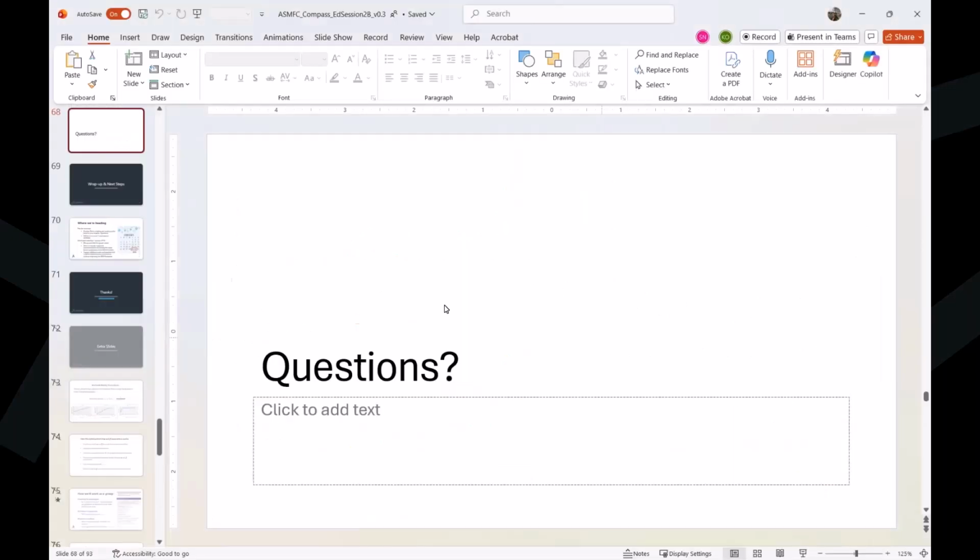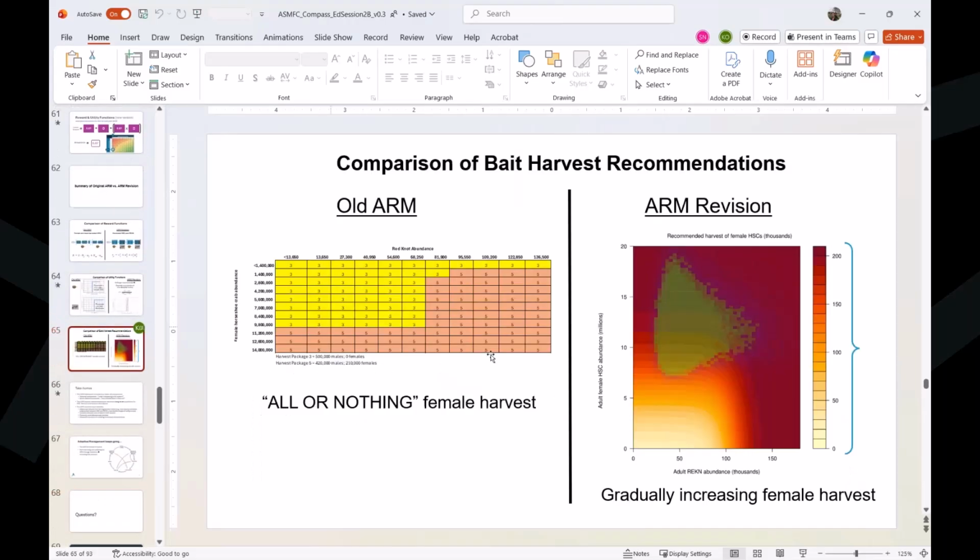But it is, if you can show that lower left corner, not necessarily completely dependent on just red knots or horseshoe crabs.